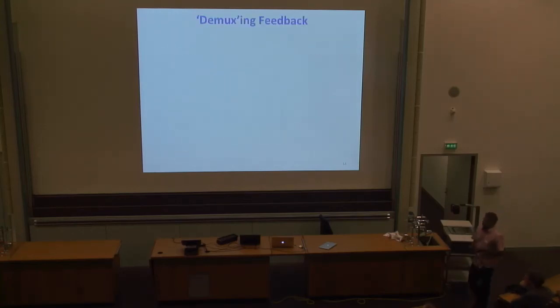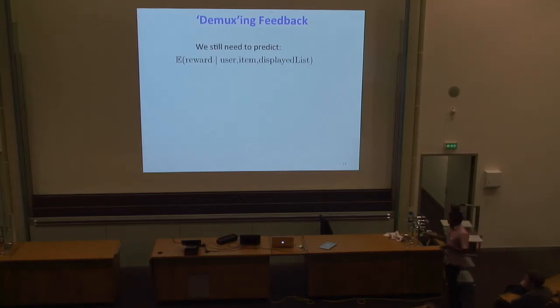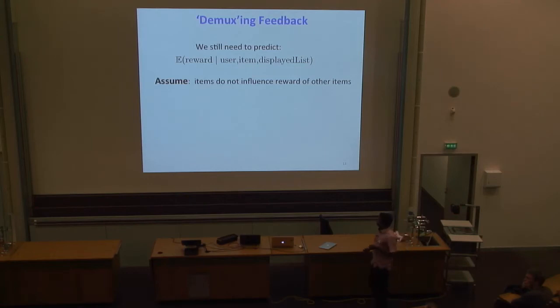And how we do this is, we still need to predict this whole reward function, but we assume that items do not influence items in other positions. So we say that you would get the same feedback on a particular book whether it was shown with some other set of books.